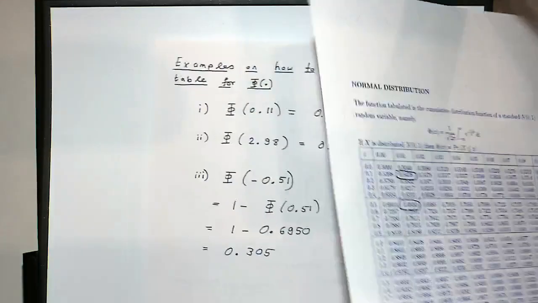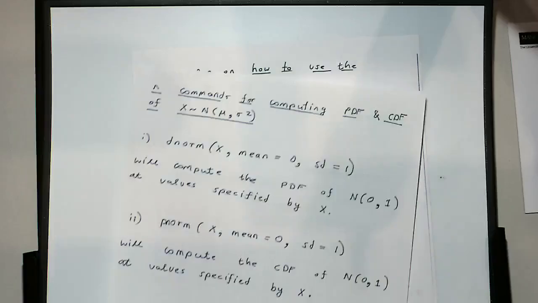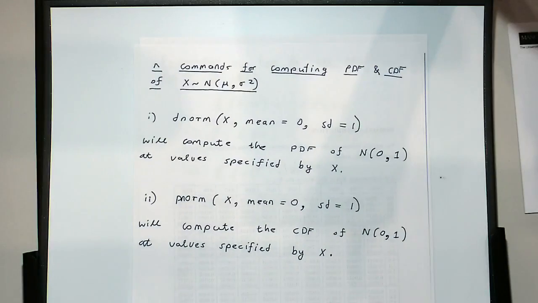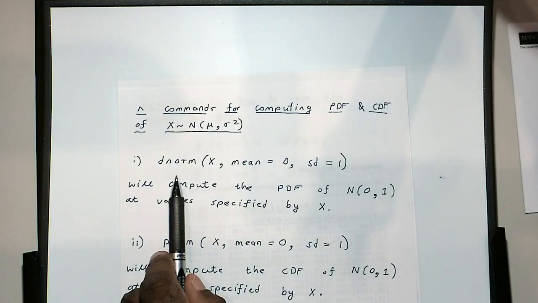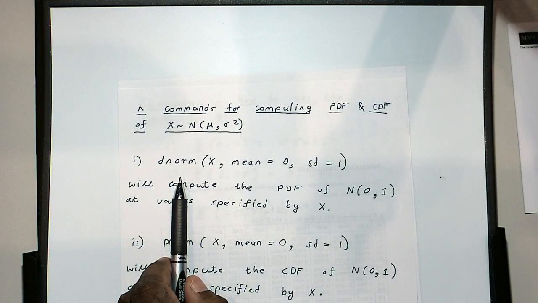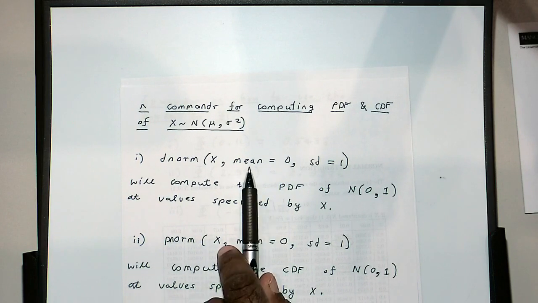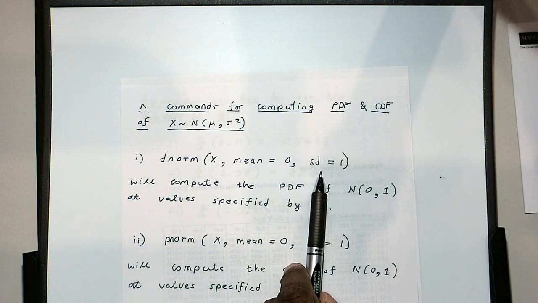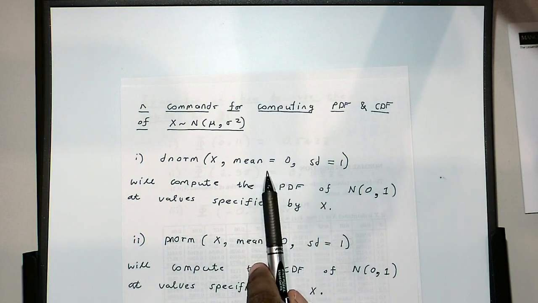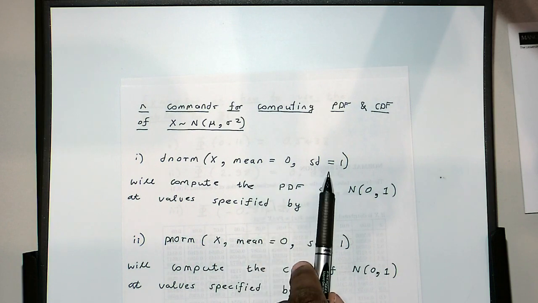The next thing is the R commands. The command dnorm computes the density of a normal random variable, whereas the command pnorm computes the CDF of a normal variable. So mean denotes the value of the mean parameter, sd denotes the value of the standard deviation parameter. So this is the mu, and this is the sigma, right?